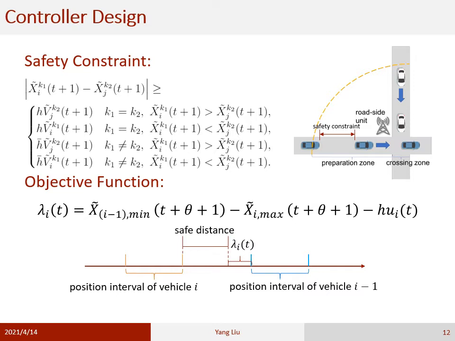The objective function for vehicle I is the difference of the minimum possible distance between vehicle I and vehicle I-1 and the safe distance, which is denoted by the minimum allowable headway times the control input of vehicle I, just as the picture shows.